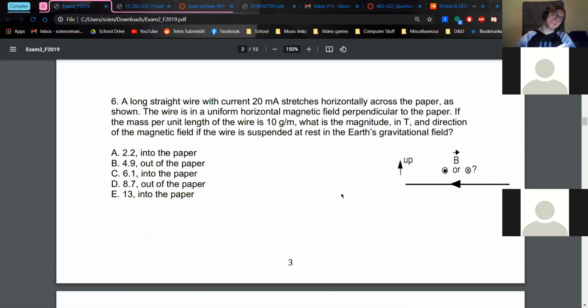Come on, you guys. I know it's difficult. This is another challenging problem. Got to think about forces. We've got a wire with a certain current through it, and they tell us the mass density. We want to know what is the magnitude of B field, as well as its direction, that will keep this wire suspended in the air.